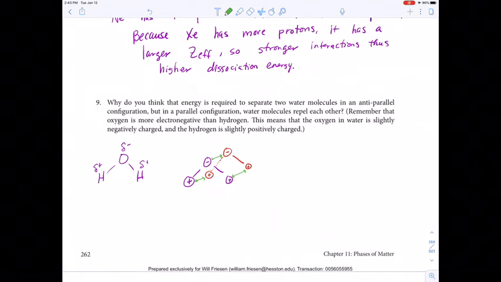Okay, so that was in the parallel configuration. Okay, the anti-parallel was drawn more like this. So we have that, and then the anti-parallel is here behind.